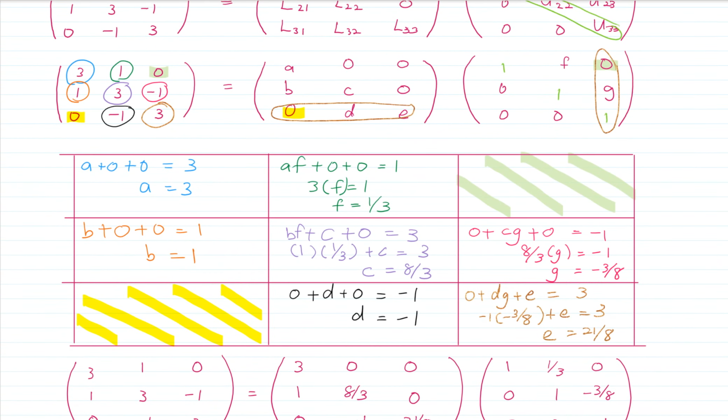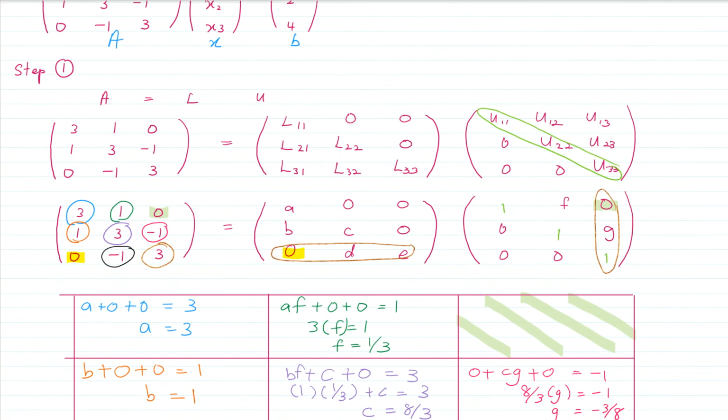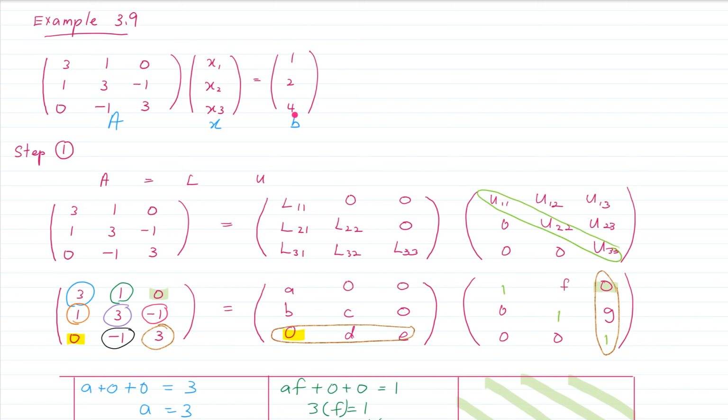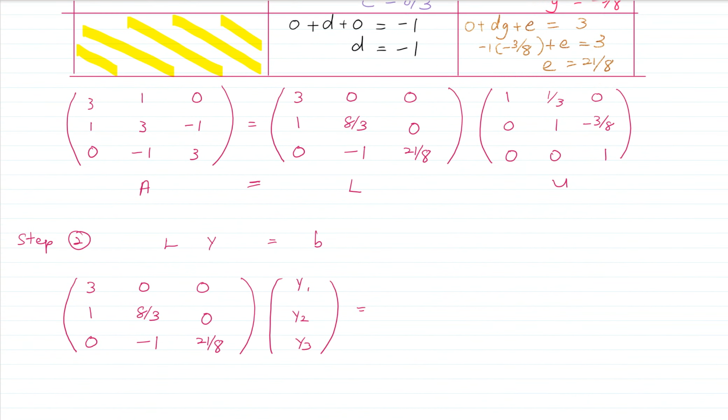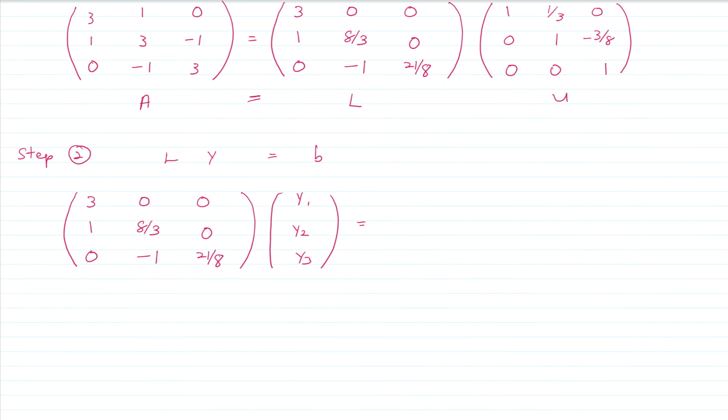Go back to the top. The solution is representing the value of B. So we have 1, 2, 4.